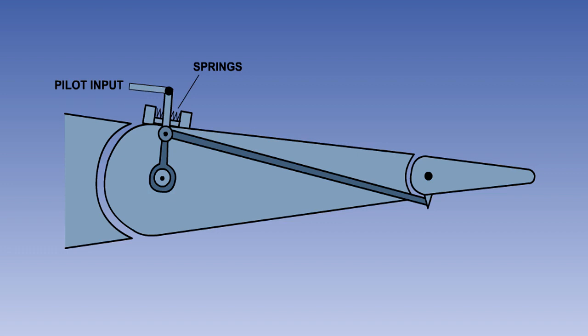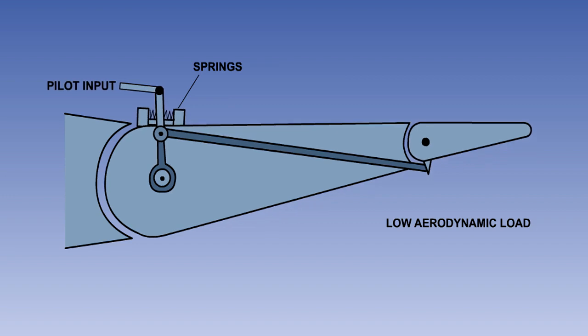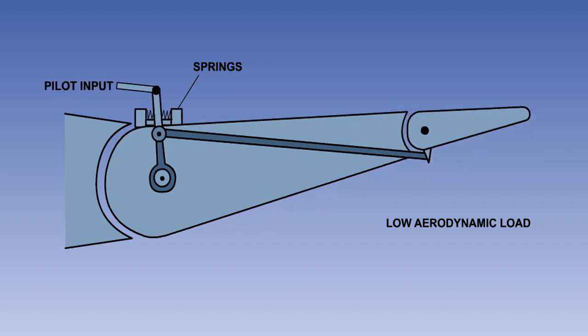The pilot's control movement is transmitted to a lever pivoted on the primary control surface, but not directly operating it. Operation of the control surface is via springs. With low aerodynamic loads, the springs are strong enough not to be compressed, so the control surface moves with control input, and there is no change in the position of the trim tab relative to the control surface.